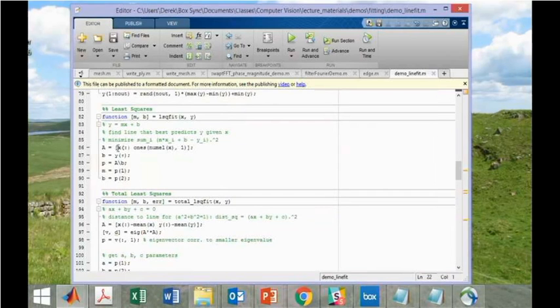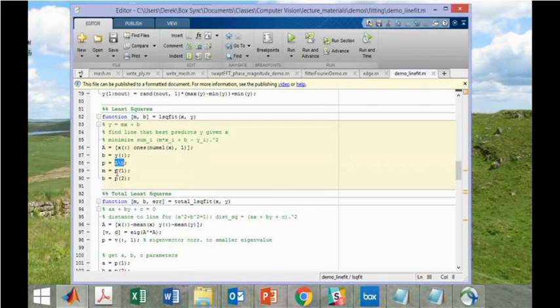Then I create my A coefficient matrix, and as I said before, it's just all the x's in the first column and a bunch of 1s in the second column. My b, in the form of Ax minus b squared that I want to minimize, is just my column of y values. I do my pseudo-inverse, which is A backslash b, and that gives me my parameters, m and b.